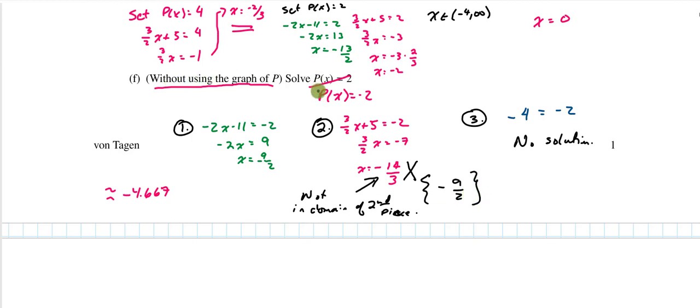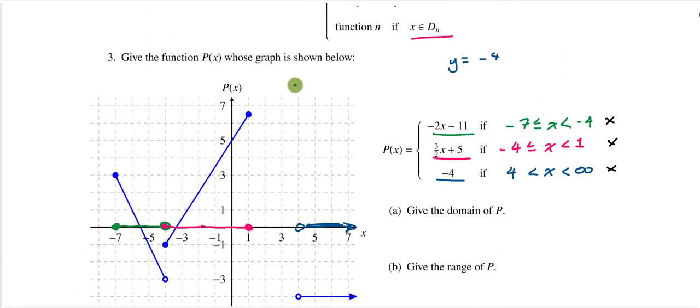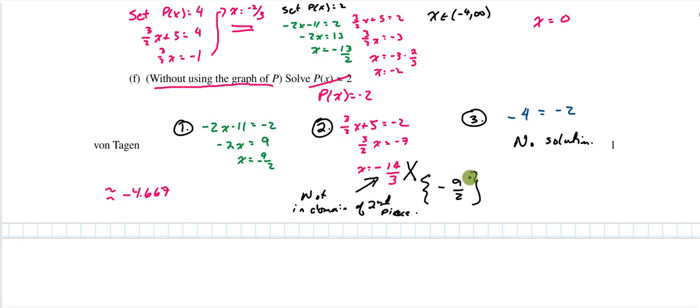Here I was asked to solve the equation p of x equals -2. And I'm told I can't look at the graph here. So what I did was I went ahead and set all three pieces, the green, the red, and the blue, equal to -2, and I solved each of these equations.